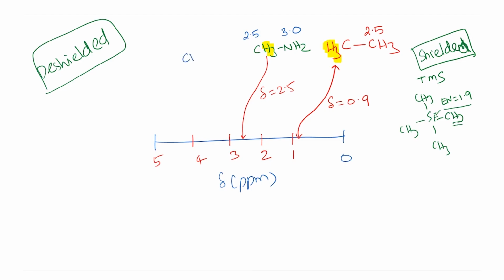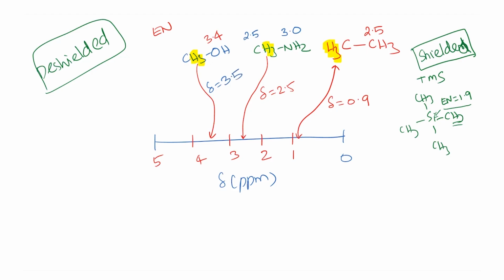Let us draw out the structure of methanol. CH3OH, again the hydrogens that we are looking at are these, and here the electronegativity of oxygen is 3.4. So, it is more electronegative than nitrogen, and so the chemical shift for this hydrogen is 3.5, delta equals 3.5.